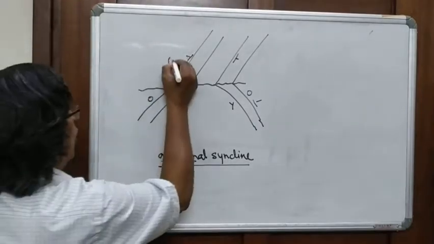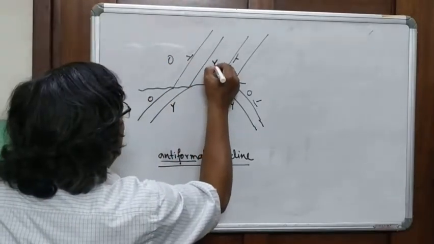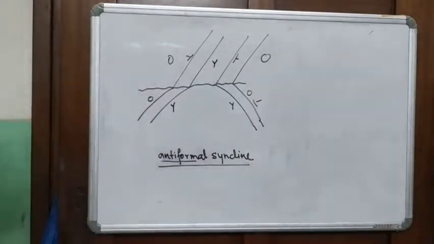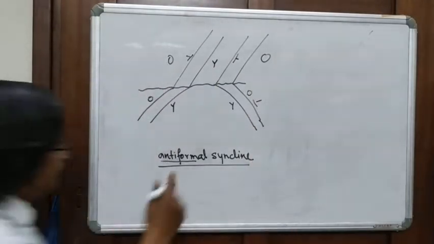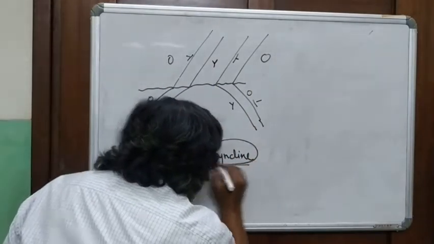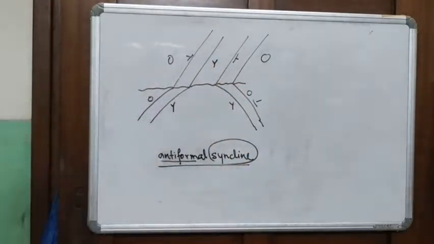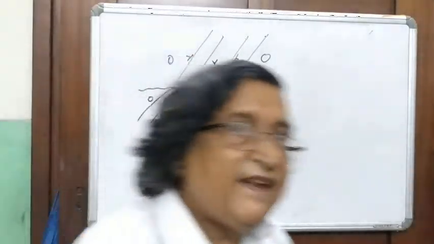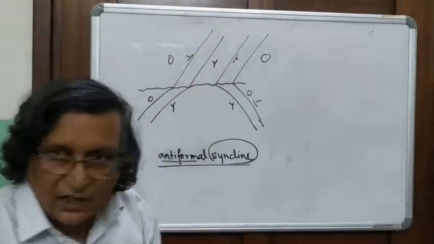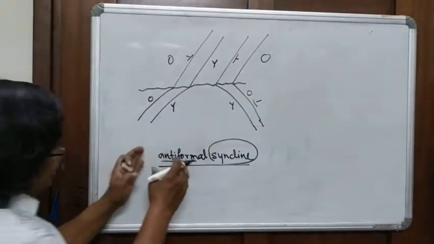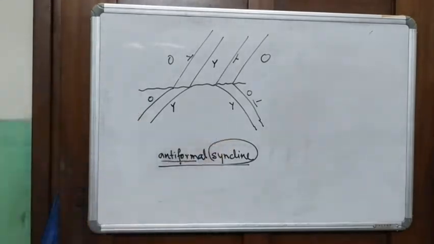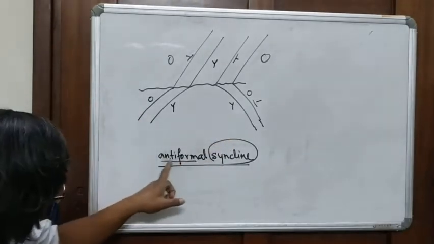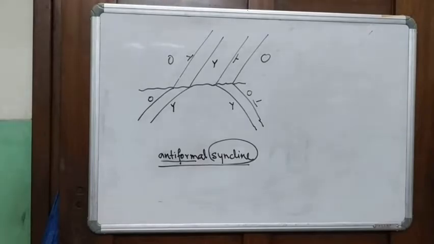So you have old, young, old. If you have to have a synclinal characteristic, then the older rocks have to be at the flanks and the younger rock has to be at the core. But it has the shape of an antiform. So this is what is called an antiformal syncline.